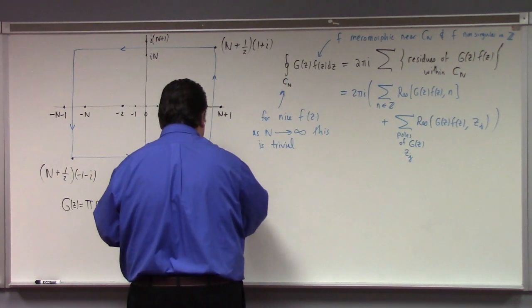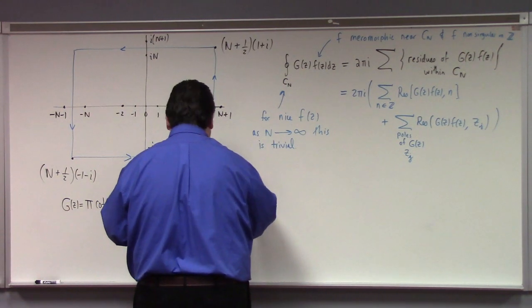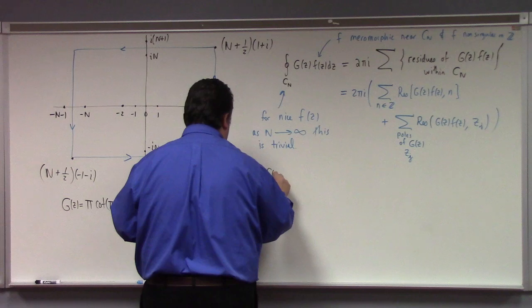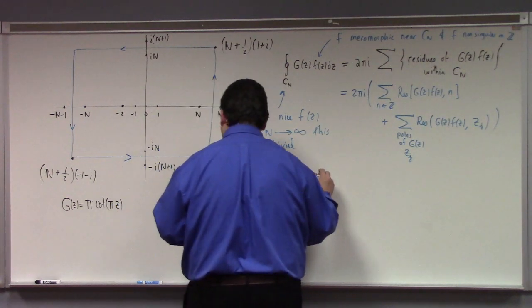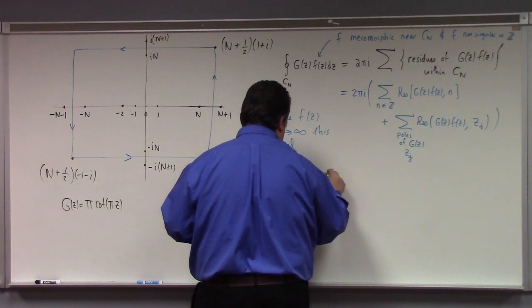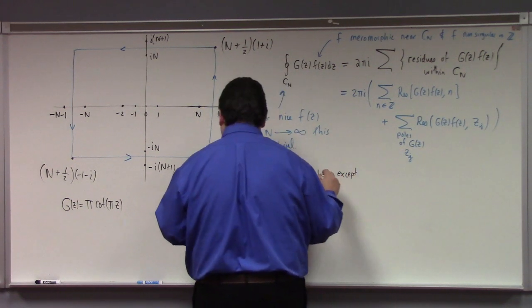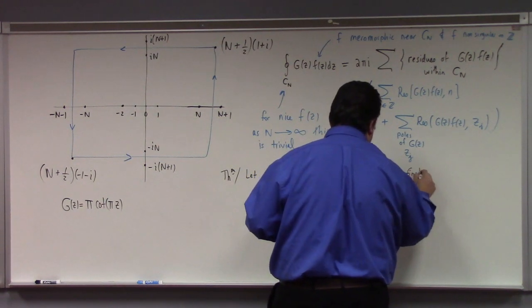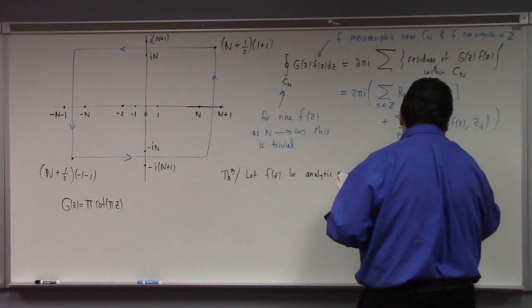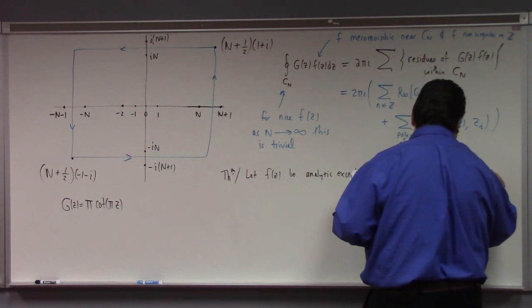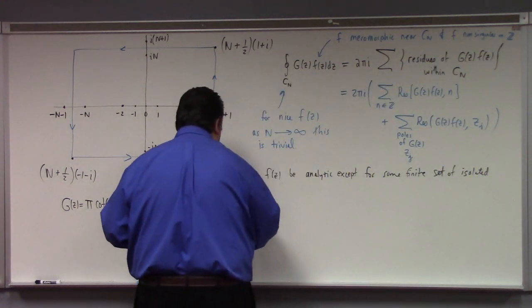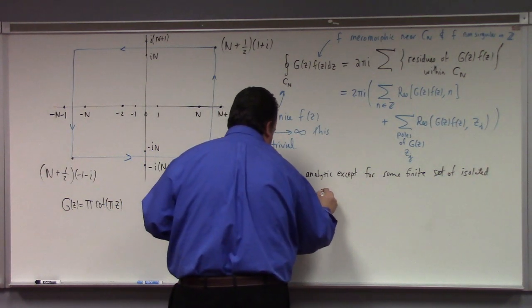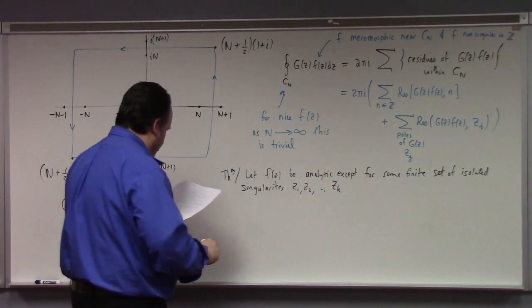This is the so-called summation theorem. Let f of z be analytic except for some finite set of isolated singularities, and let me just call those singularities z1, z2, zk, just for the sake of giving them a name.